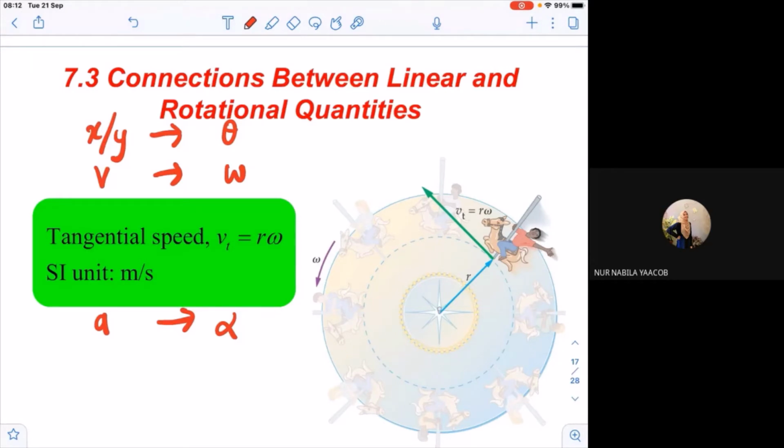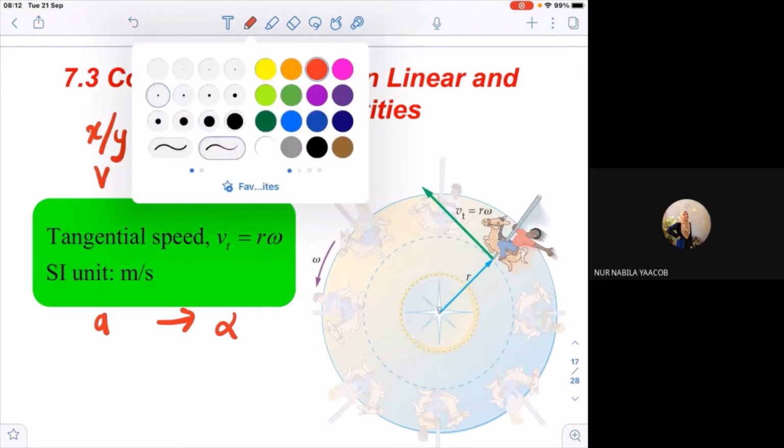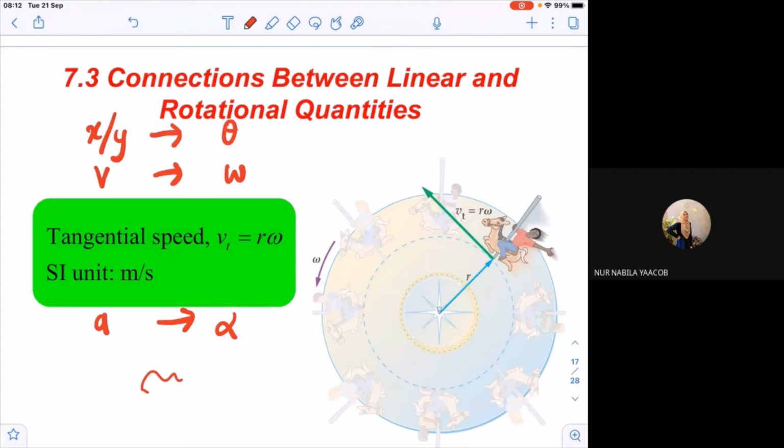If you want to use some equations, let's say if you try to get v first.